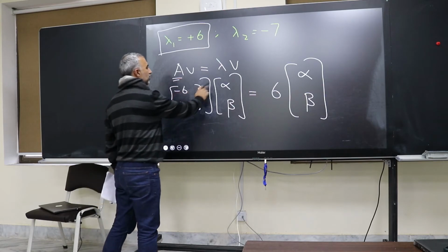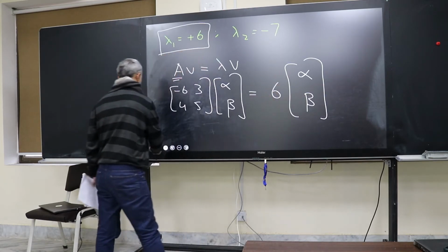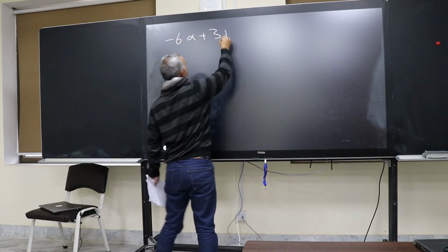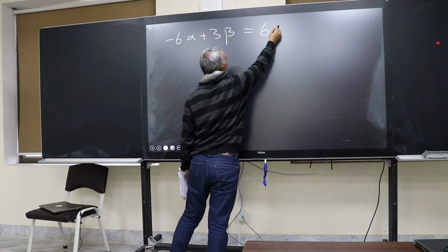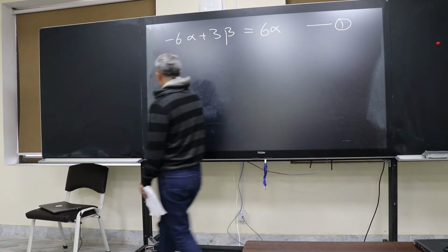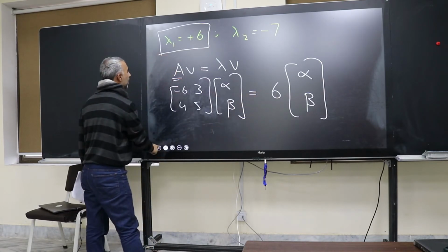Multiply the first row: minus 6 alpha plus 3 beta equals 6 alpha. This is your first equation. The second one: 4 alpha plus 5 beta equals 6 beta.